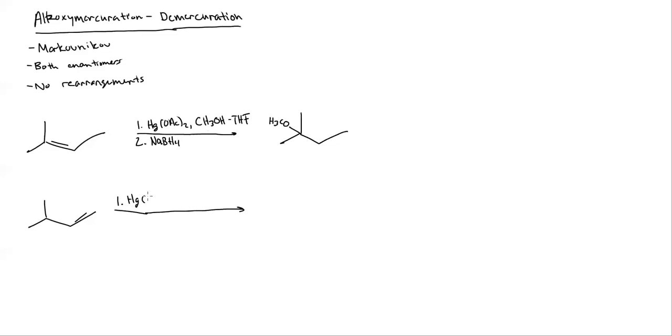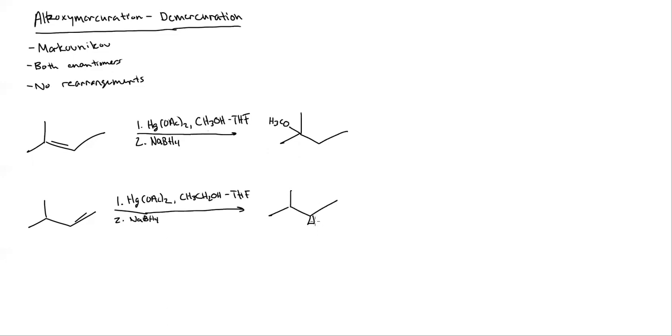Okay, so again, HgOAc2. This time, I'm going to use ethanol, so CH3CH2OH, with THF. And then I'm going to have NaBH4. Now, again, we can't have rearrangements.